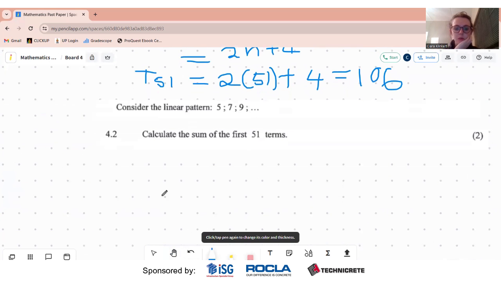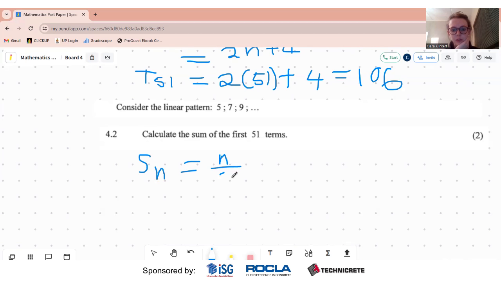So we want the sum of the first 51 terms. Let me just write it in general first: Sn is equal to n over 2 multiplied by 2a plus n minus 1 times d.